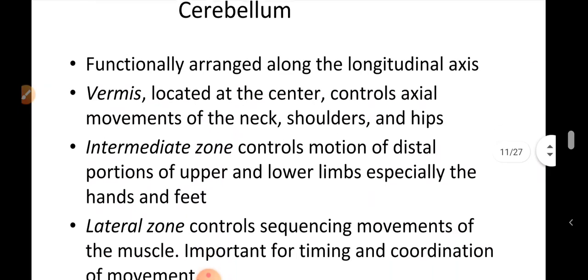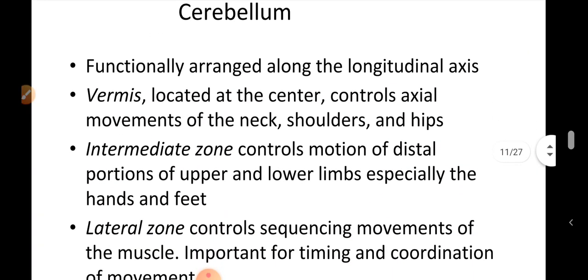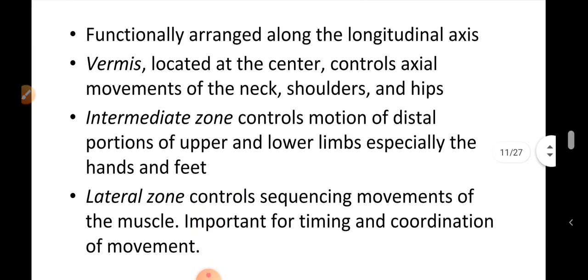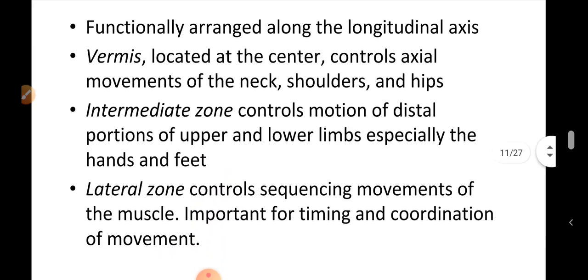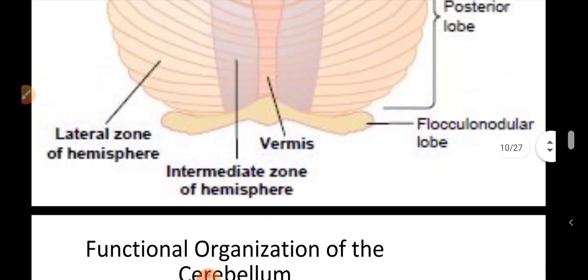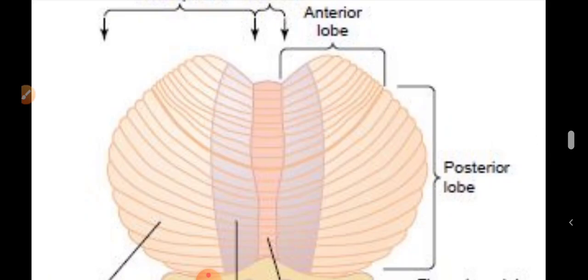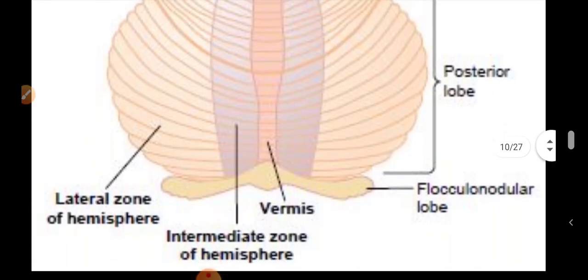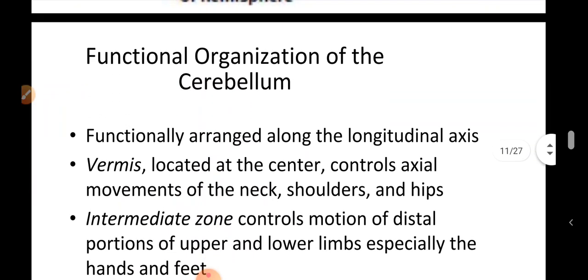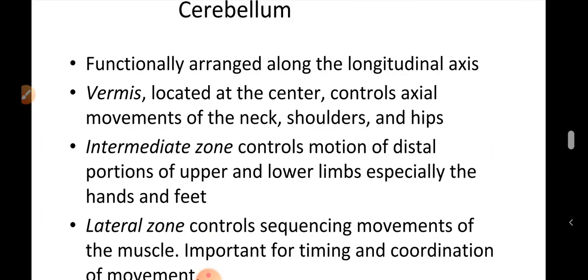So functionally arranged along this longitudinal axis, we have the vermis located at the center, which controls the axial movement of the neck, shoulder, and the hip. So this is the vermis, you can see, and it controls the axial movements of the body, neck movements, and the hip and the shoulder movements.